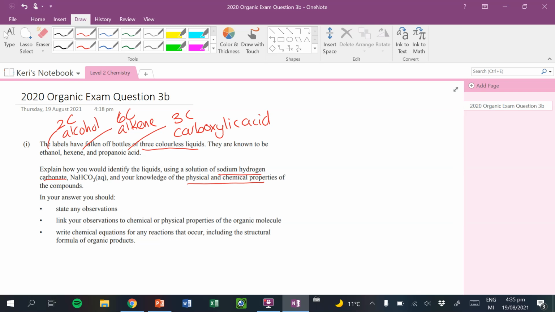It's really important then that you have the different identification tests memorized, because if they give you something like this and you don't know what it does, and you're like, oh, I know how to test for carboxylic acid, I need a litmus paper. Litmus paper isn't one of your options. So it is important that you know all those guys. So sodium hydrogen carbonate is your base. You guys used this last year when you mixed it with acids, and the big thing is that it tests for acids.